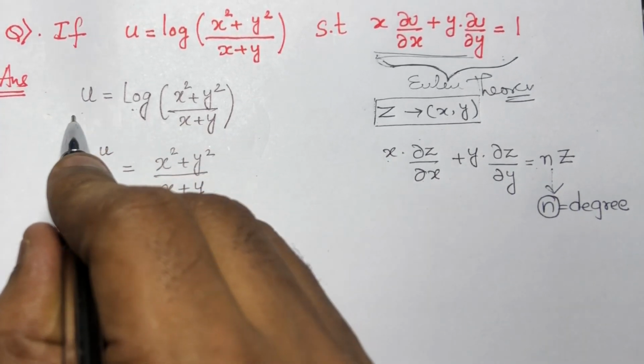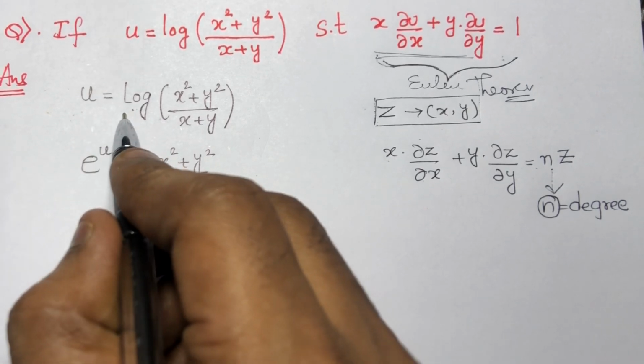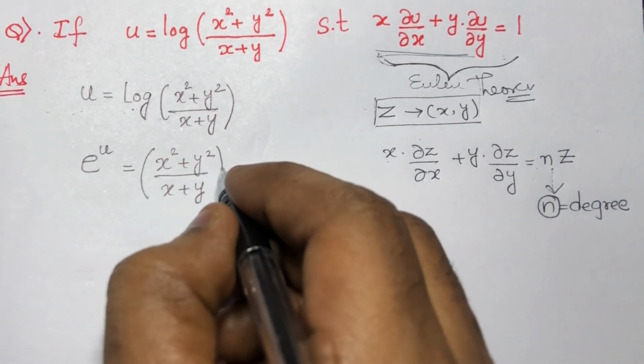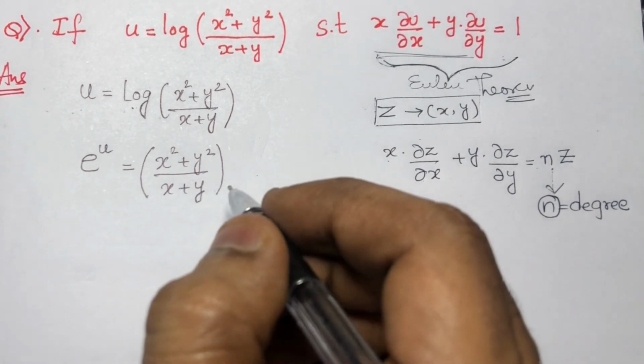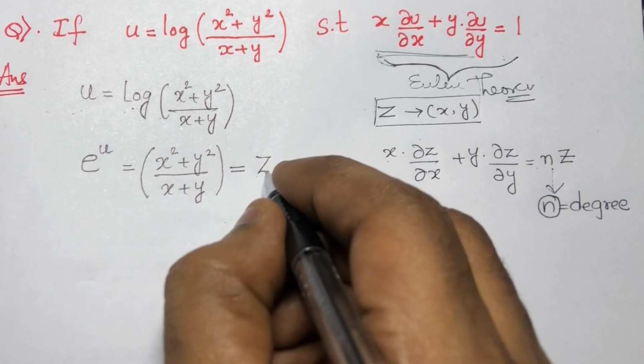If you apply e on both sides, e and log will cancel off, and you will get only this part. Now I got e power u is equal to (x square plus y square) by (x plus y). Consider it as some z.